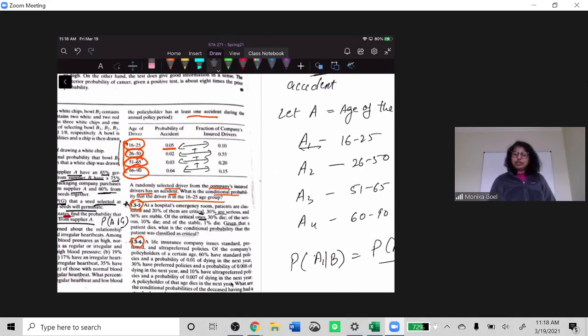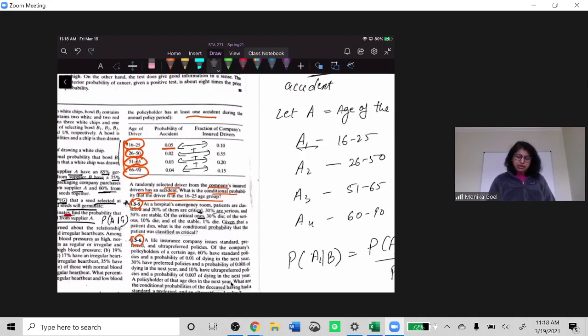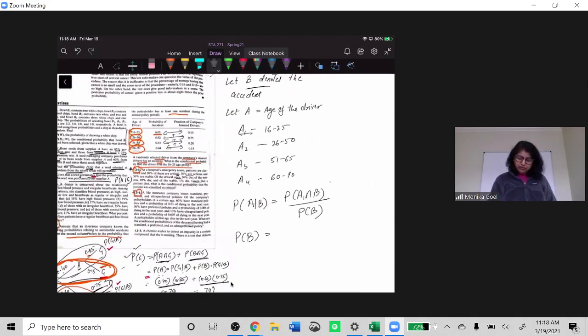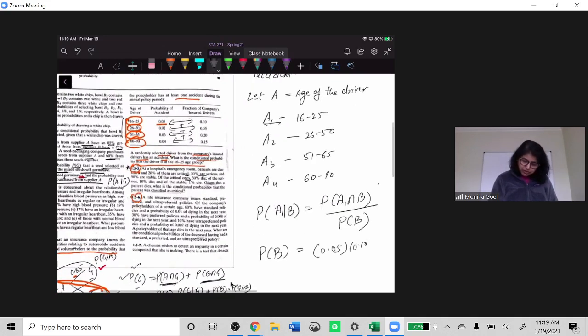So instead of a tree diagram, they give you a table, and from the table you are looking for it. So probability of B is 0.05 times 0.10 plus, and you keep on doing that, you will find the probability of B, and the probability of A intersection B is given already, and then you can find it.